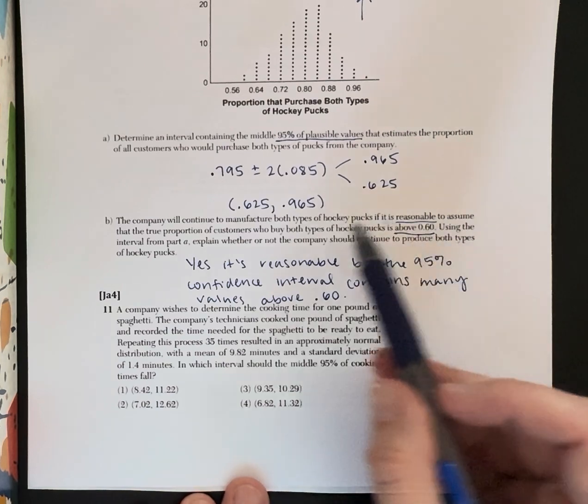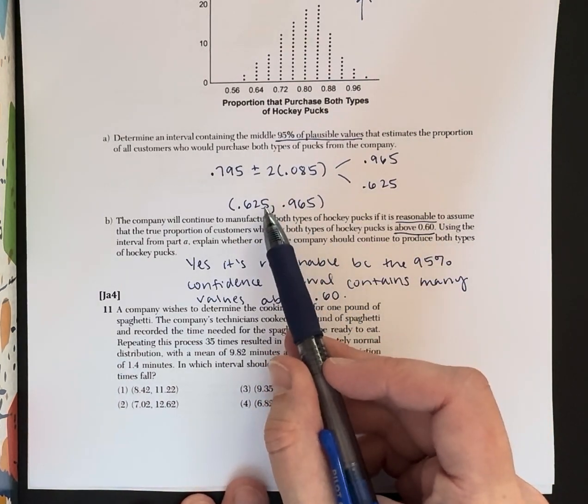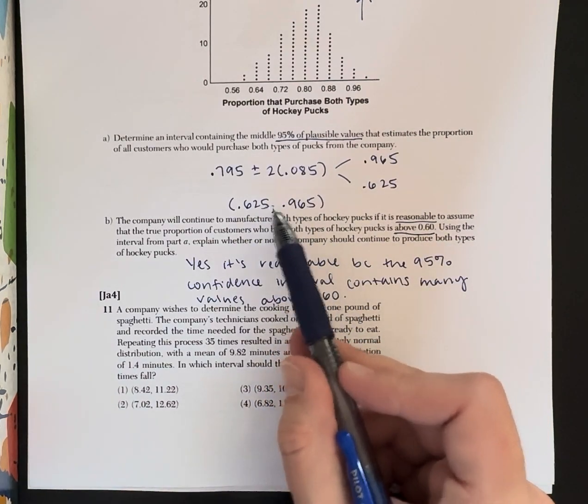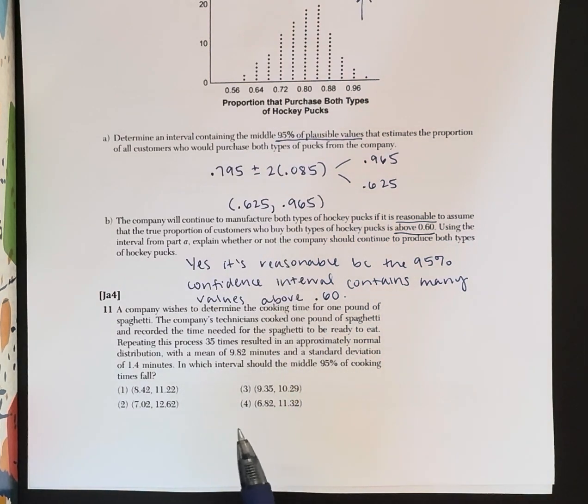So it is likely that the true number is in this interval, and this whole interval is above 0.6.